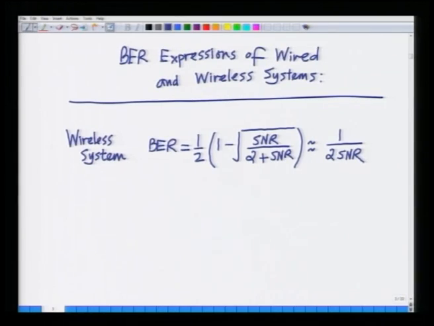This is approximately equal to 1 over twice of SNR in a wireless communication system.